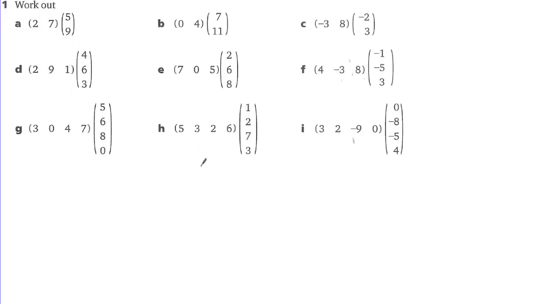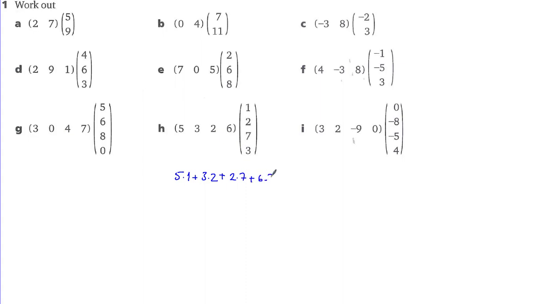I'm going to solve only one exercise from here, because I have solved this kind of exercise already. Here, H1 I'm going to solve: 5 times 1, plus 3 times 2, plus 2 times 7, and plus 6 times 3.